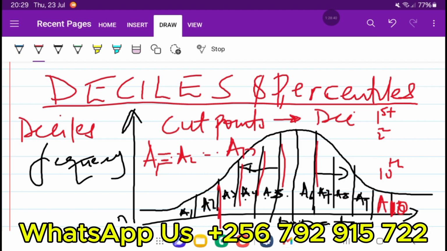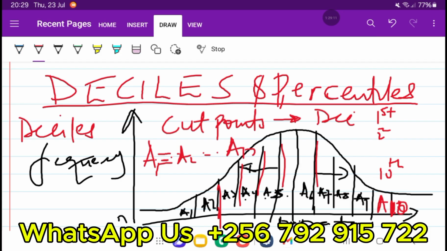So we do the same thing as long as we have been given. We do the same thing like we did for quartiles. We arrange the data set. Then once we have arranged the data set, we just get the value.